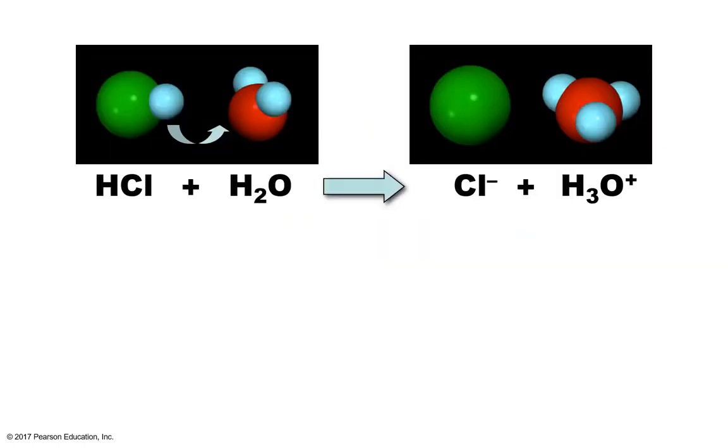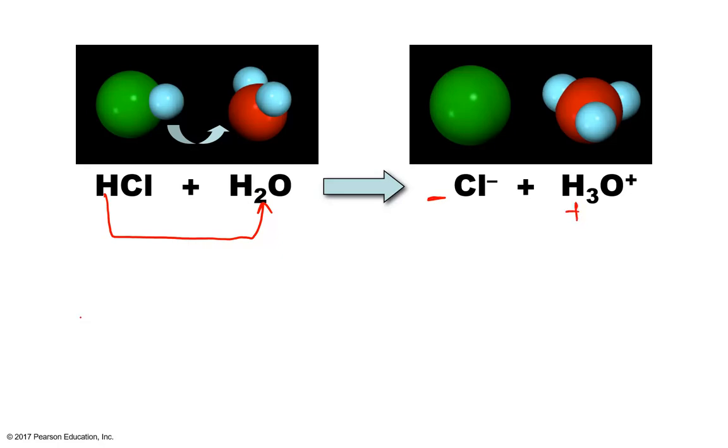Okay, so examples. HCl and H2O. If you mix them together, the hydrogen that was on the Cl moves over to the water. And so you have the missing hydrogen here and the extra hydrogen there.